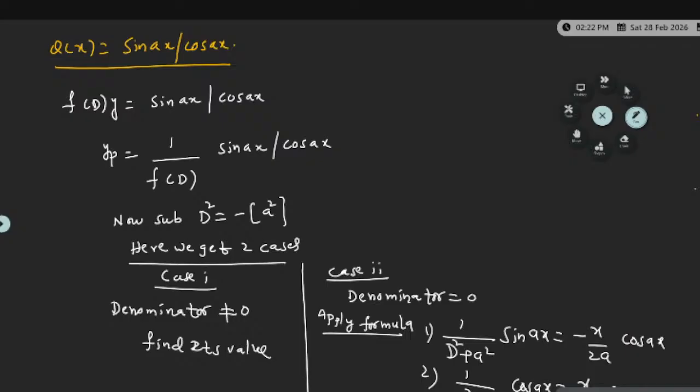These are the very important formulas here.